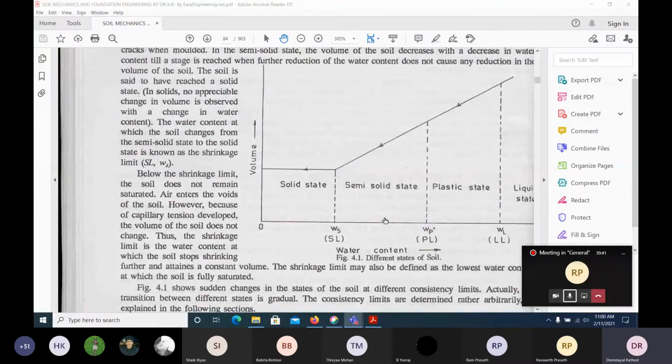If it starts crumbling, then it comes to the semi-solid state. So now how do you find out the shrinkage limit? This is again a very tedious process. We use mercury, because in the semi-solid state, this is the water content after which there won't be any change in the volume, right?